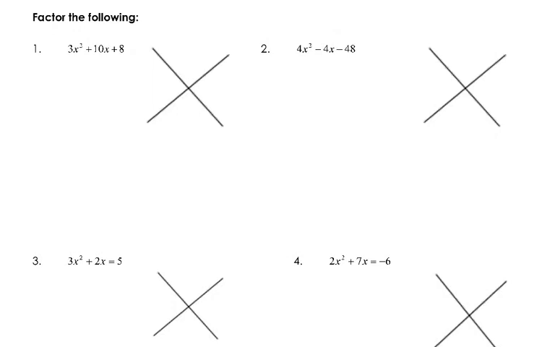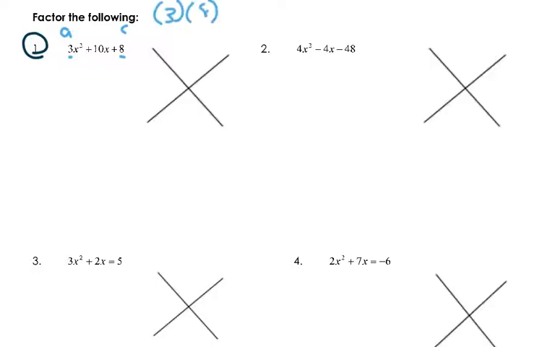So we're going to look at number 1 for today. We want to always make sure that the trinomial is in standard form, which is ax squared plus bx plus c, which is exactly what we have here. So I'm going to take the a, which is 3, and c, which is 8, and I'm going to multiply them.